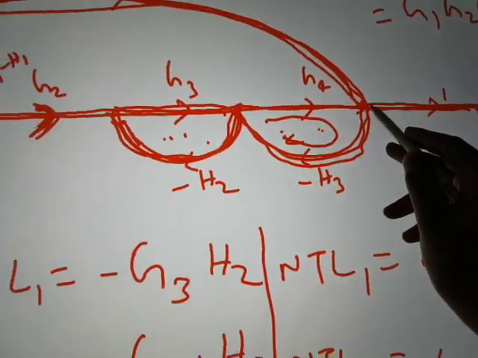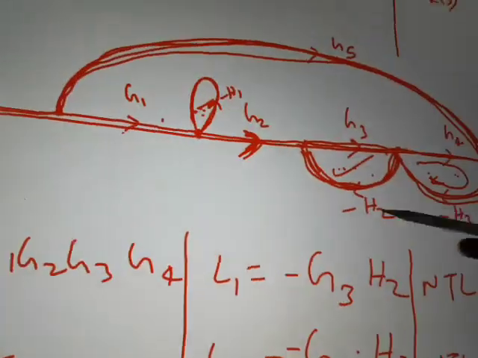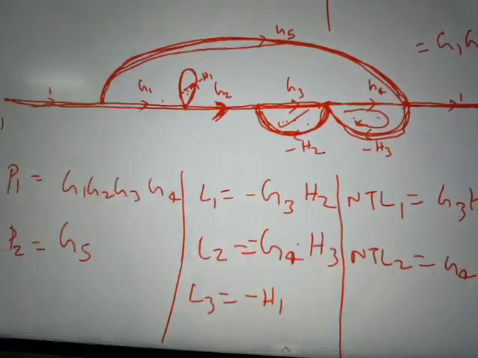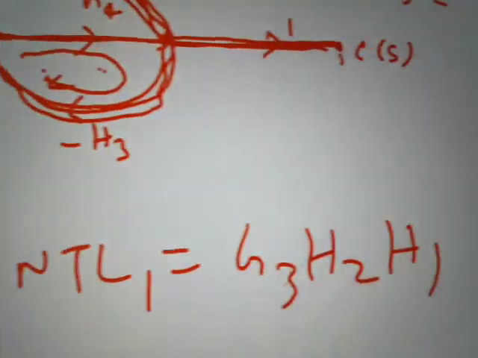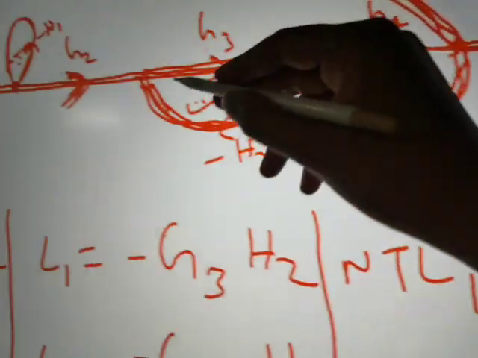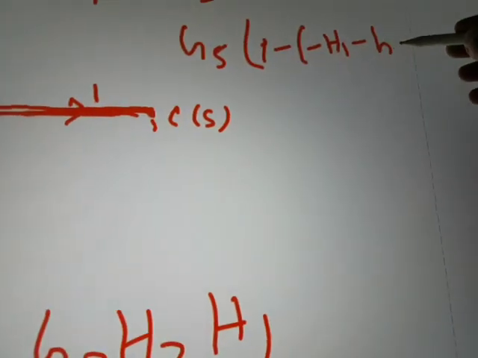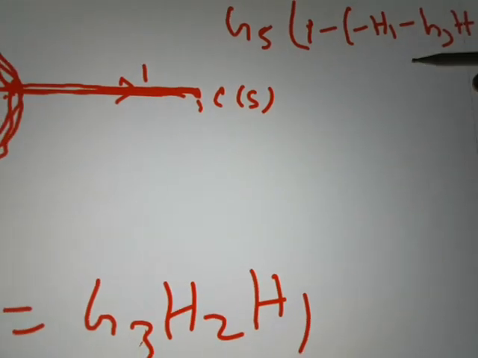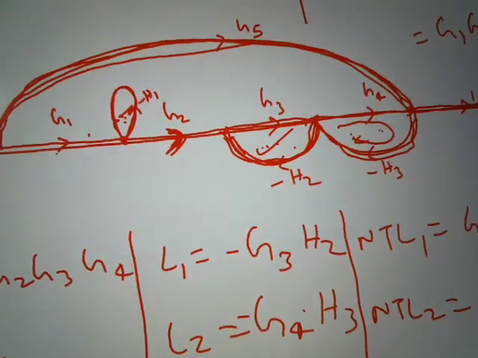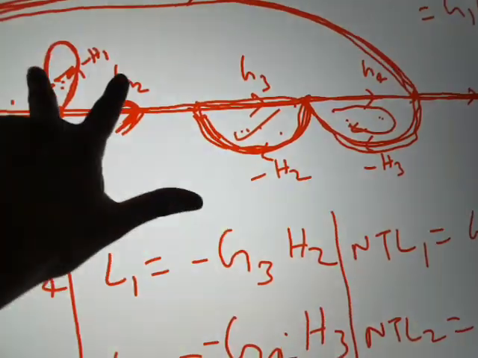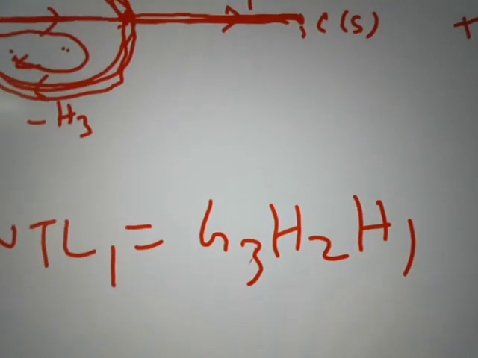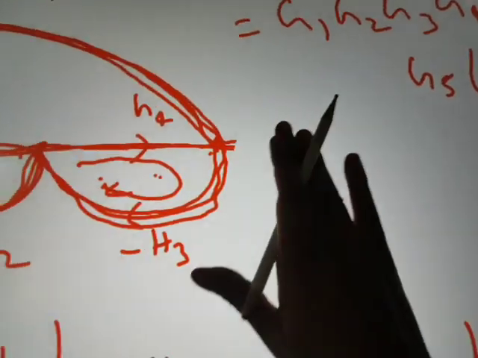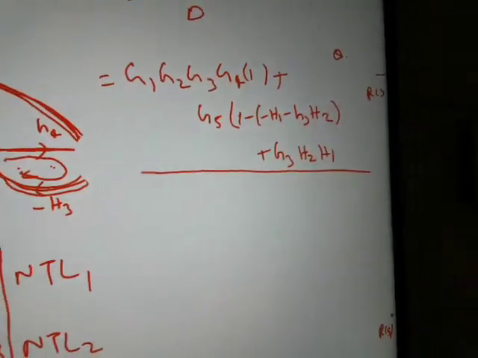This loop is touching the forward path, but this loop and this loop are not touching it, so we have to find delta 2. Delta 2 is simply 1 minus the summation of single loop gains, that means minus H1, and this loop also, minus G3 H2, plus the summation of two non-touching loop gain products. Here this loop and this loop are both non-touching, so plus G3 H2 H1. Okay, all by delta.